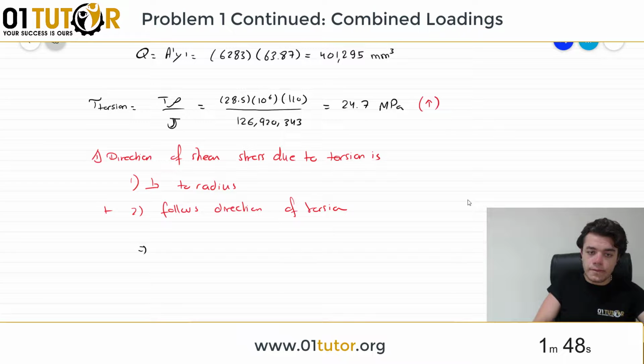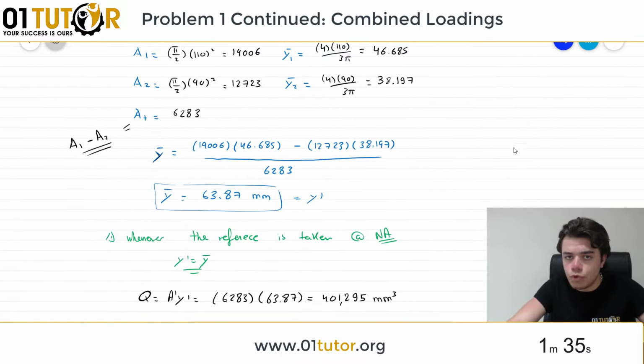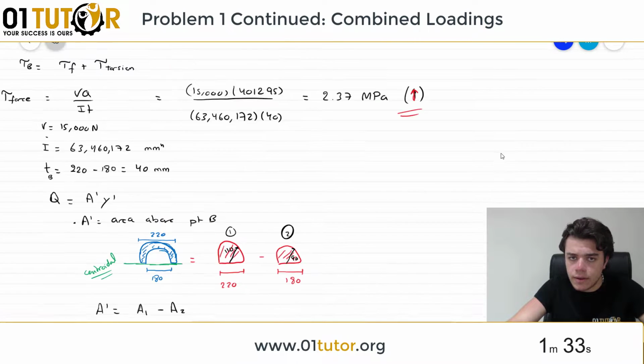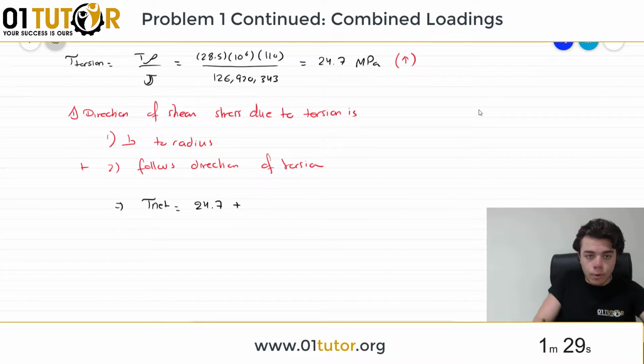And now we can find tau net, which is going to be what? It's going to be 24.7 plus what we got earlier due to the shear, which is 2.37 plus 2.37. Why did I add them?